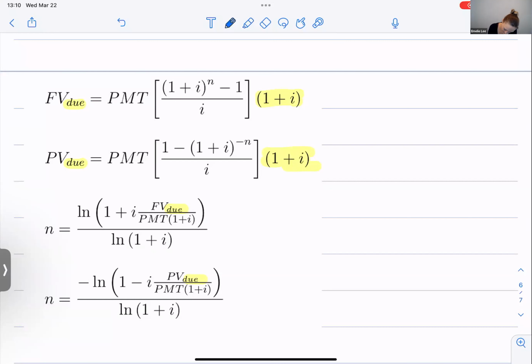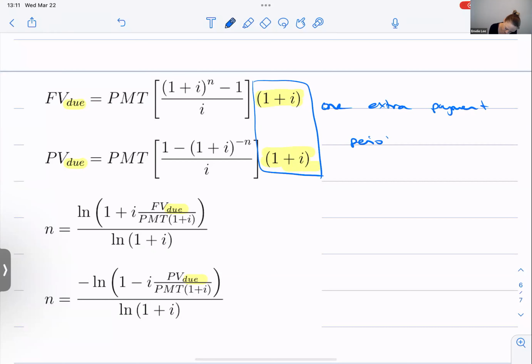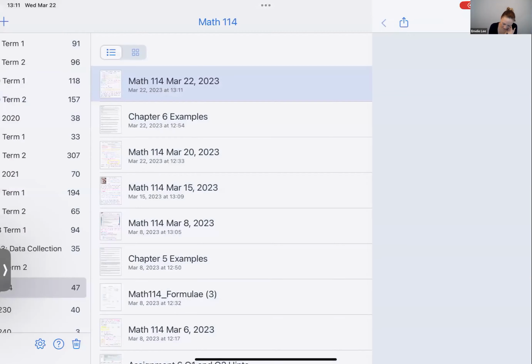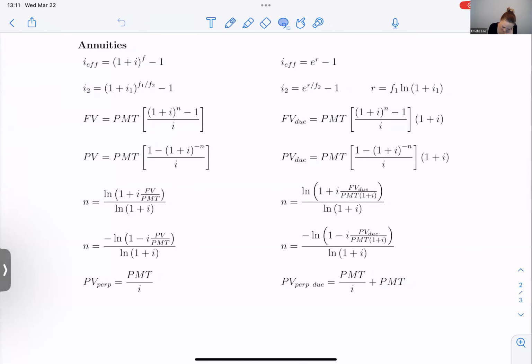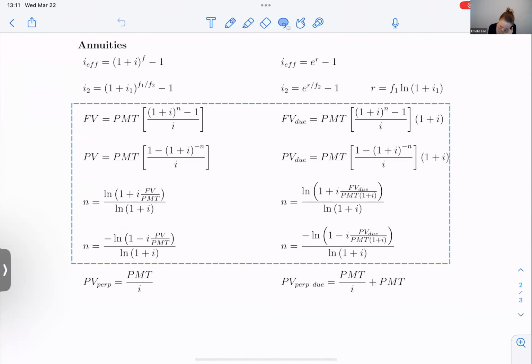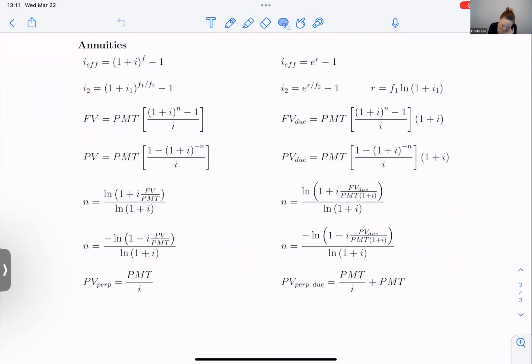So this is one extra payment period of interest, right, 1 plus i. Besides that, everything stays the same if we trace back, comparing these values.